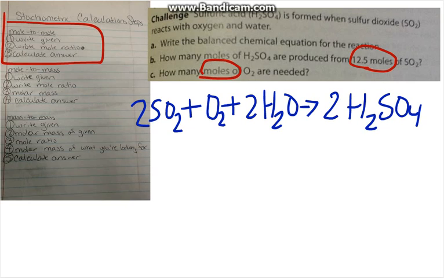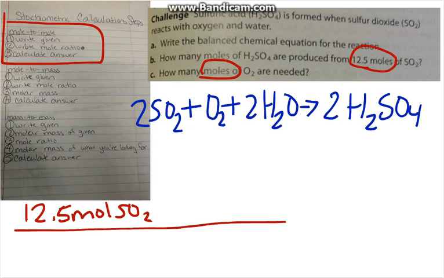Okay, after you've done it, this is what you should do. First thing is just write your given. The given is still 12.5 moles of SO2. Number 2 says to write my mole ratio. I look up in my equation. I'm dealing with this, and I'm dealing with this. I see that SO2 is on top, so that now has to go on bottom. So I have 2 moles of SO2.